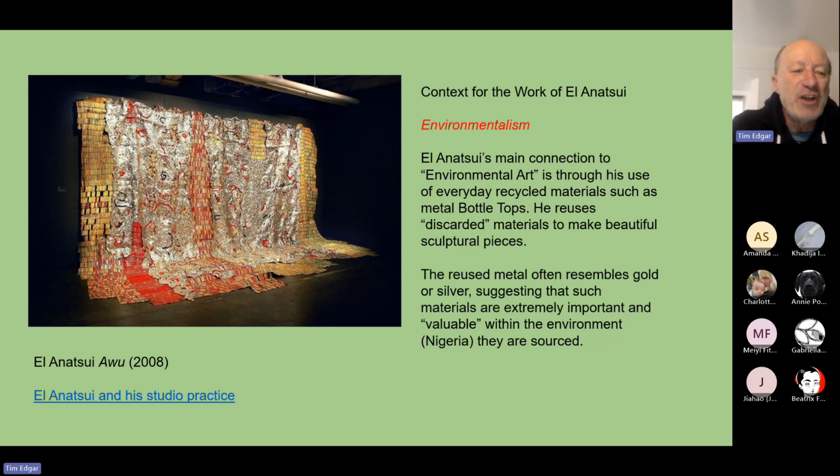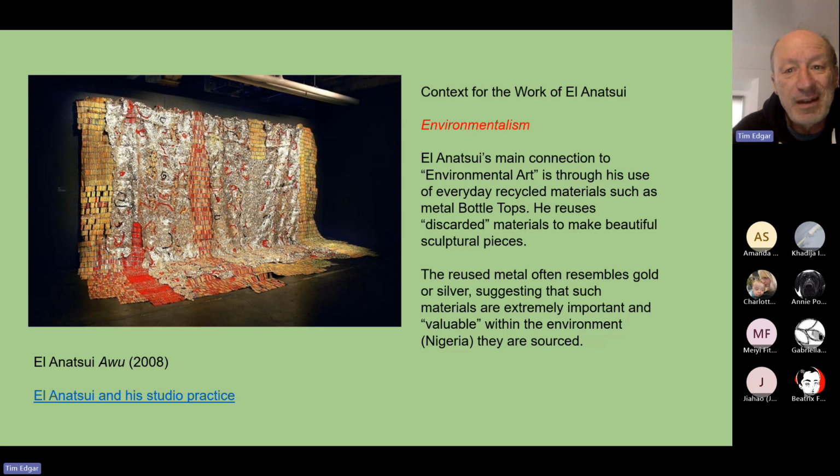So there's an example of an artist who's really seriously engaged, I suppose, in thinking about materials and recycling and the environment and making beautiful things.